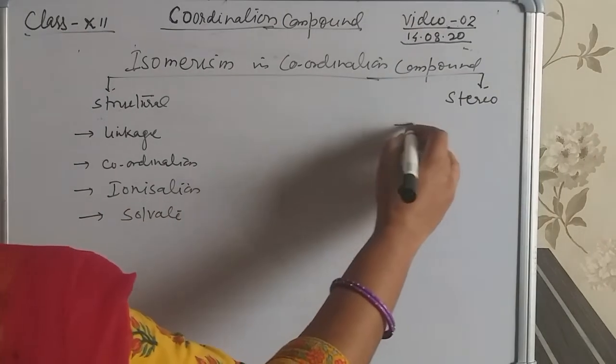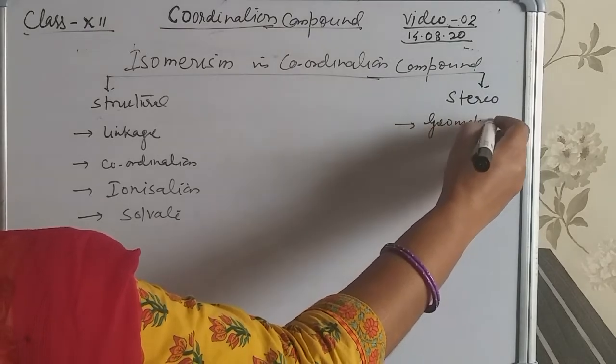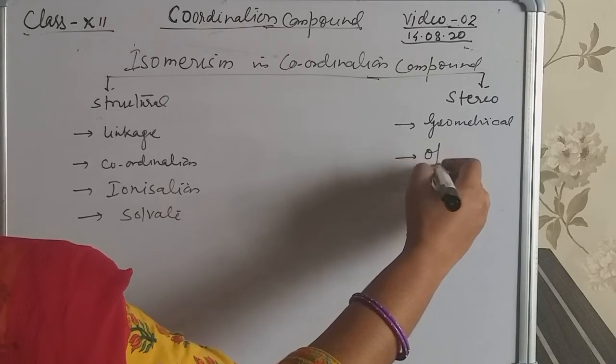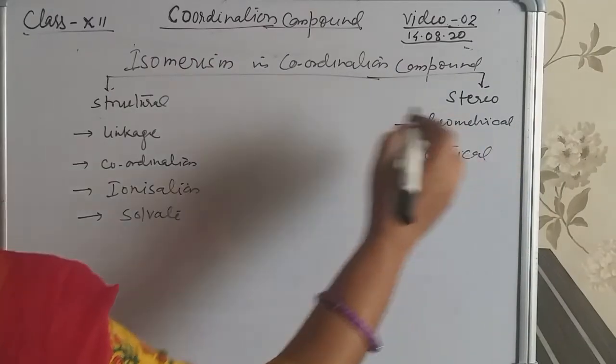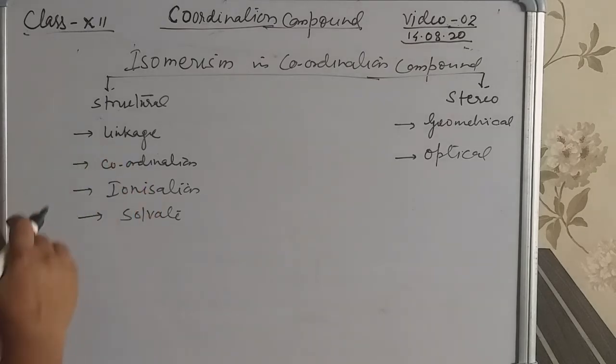And stereoisomerism is of 2 types: geometrical isomerism and optical isomerism. So let's discuss the linkage isomerism at first.